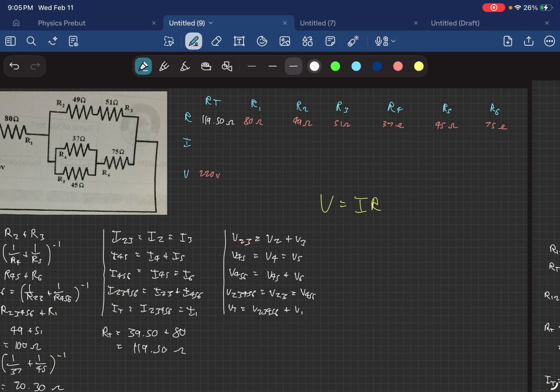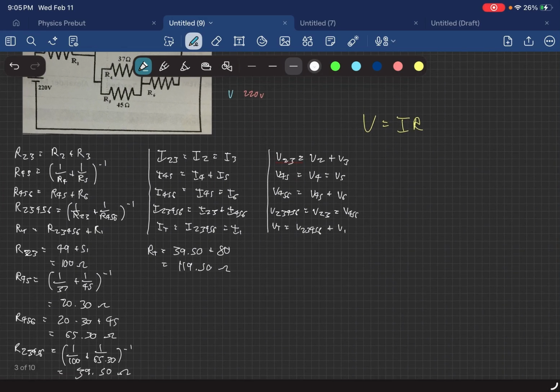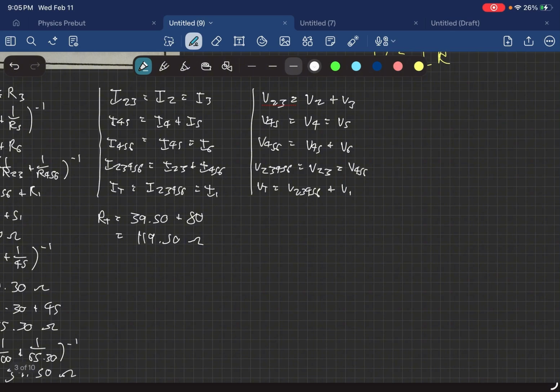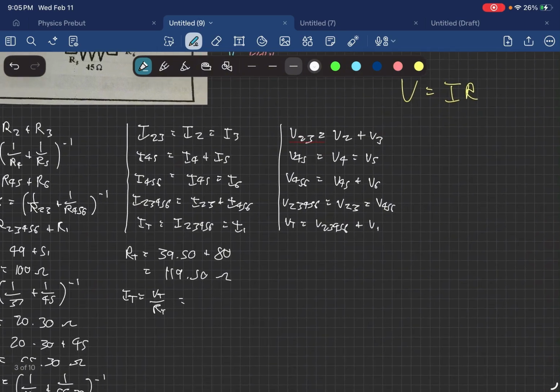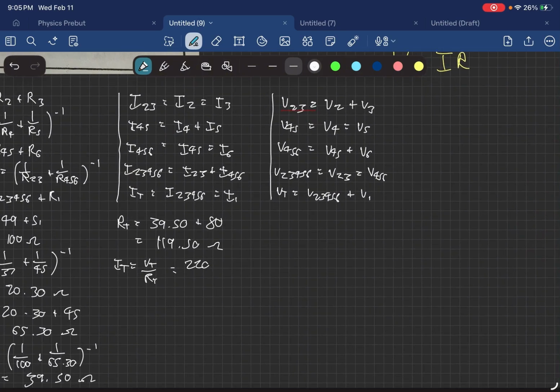Alright, so we are looking for our current, so current total. Our current total will be equal to our V total over our R total. And so that is equal to, our V total is 220 over our R total, we just solved for that, 119.50 ohms.